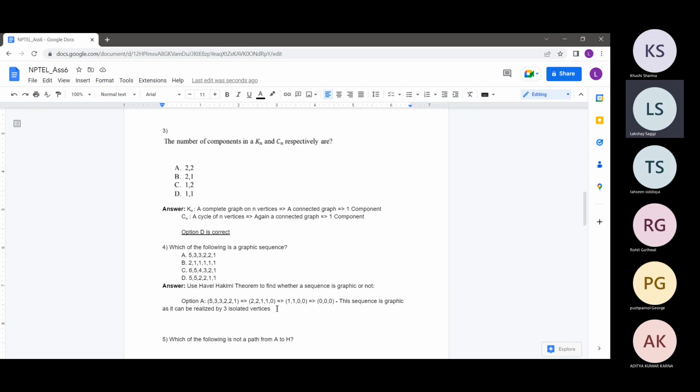This is what I mean by 3 isolated vertices: there is no edge in the graph, all vertices are on their own, so the degree of all of these vertices will be 0. So this 0, 0, 0 sequence is a graphic sequence since it can be realized using this graph. And using the Havel-Hakimi theorem, since 0, 0, 0 was graphic, the initial sequence would also be graphic. So option A is a graphic sequence.